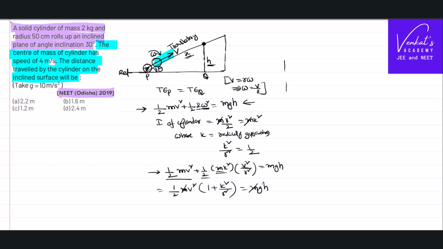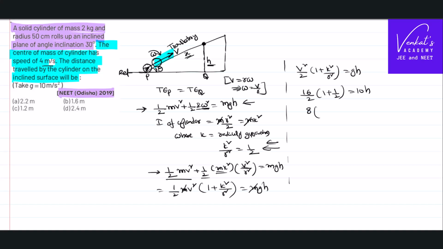That implies what I have got is v square by 2 of 1 plus k square by r square equal to gh. It was given that v is 4, so v square is 16 by 2. K square by r square, I have already discussed, is 1 by 2. The g value is 10, and h I can find out.